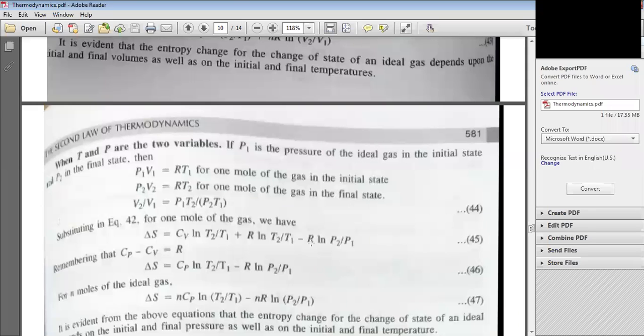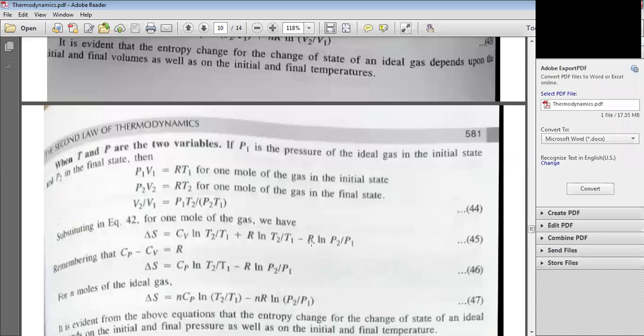Now this is an expression for the entropy change taking place during the temperature change and pressure change of the gas. That means if the temperature of the gas changes from T1 to T2 and the pressure changes from P1 to P2, then delta S will be equal to Cp ln T2 by T1 minus R ln P2 by P1.